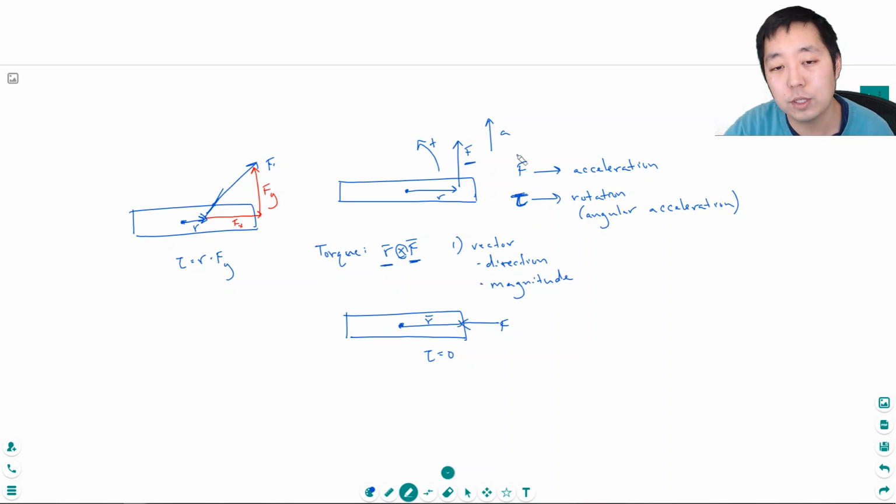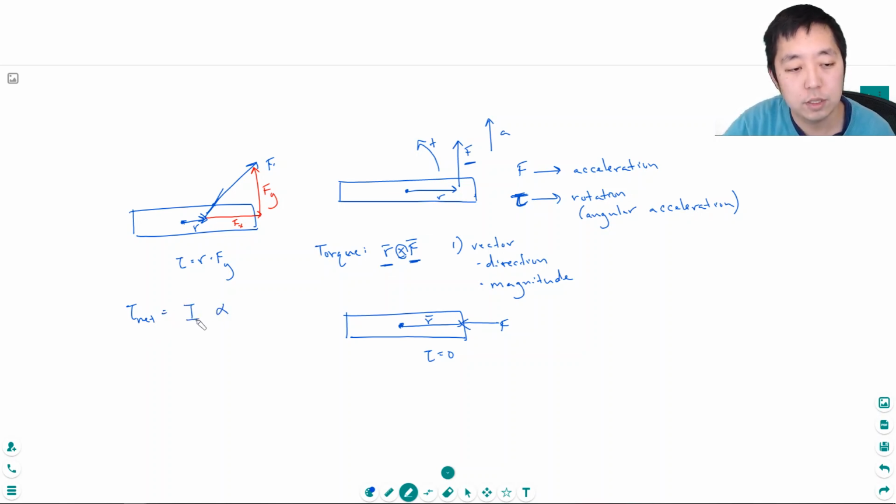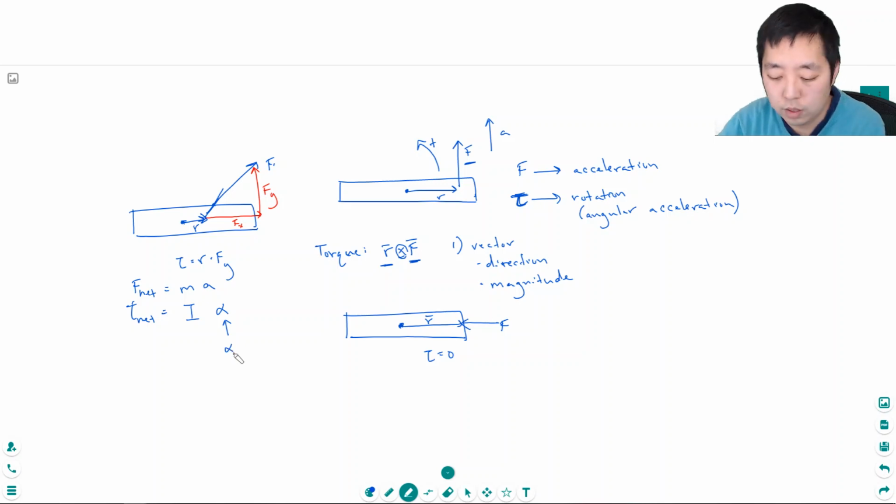Similarly to how a net force causes an acceleration, a net torque causes angular acceleration. So normally, for linear motion, I have net force equals mass times acceleration. When I do a net torque, it's equal to something that looks like an A. This is alpha, the Greek letter for A, and it refers to angular acceleration.